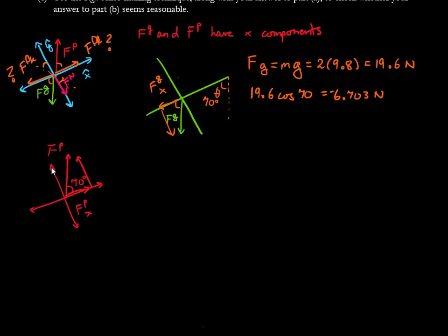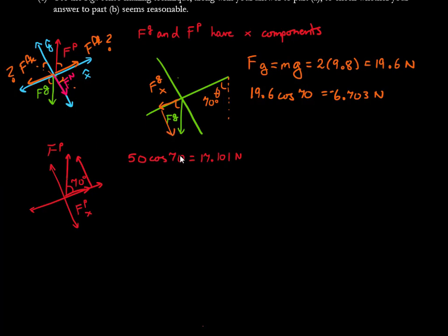So they told us that the push force had a magnitude of 50 newtons. So we just have to do 50 times cosine of 70, and that gives us 17.101 newtons. And that's in the positive direction because that force is going up the slope.